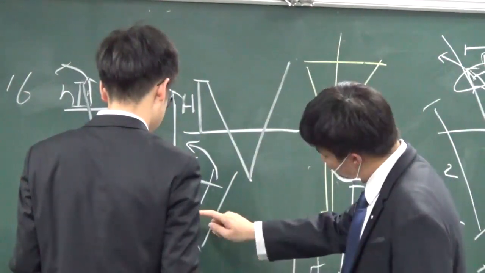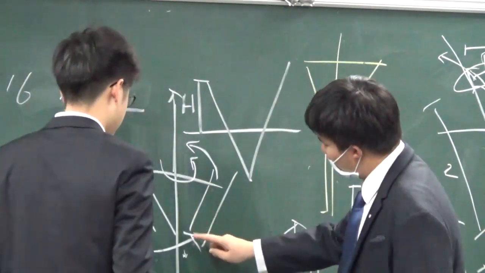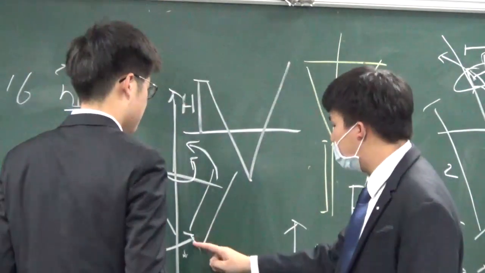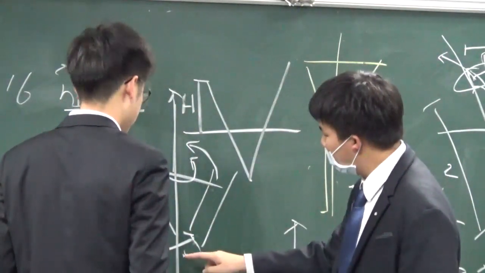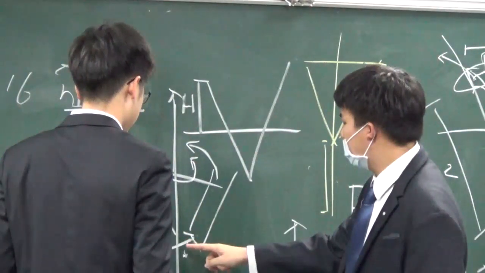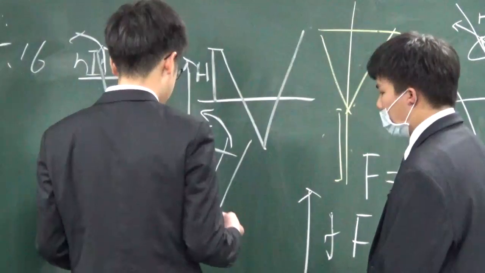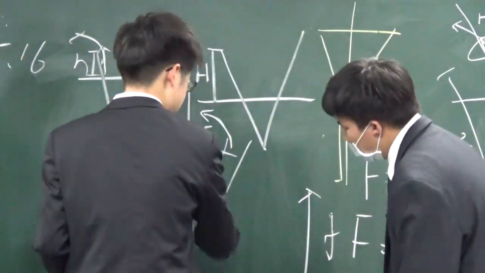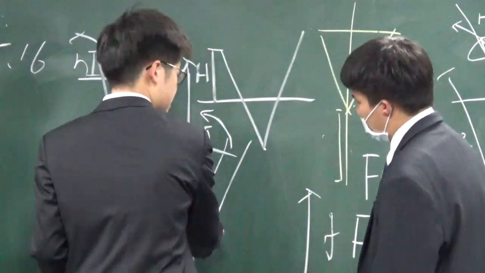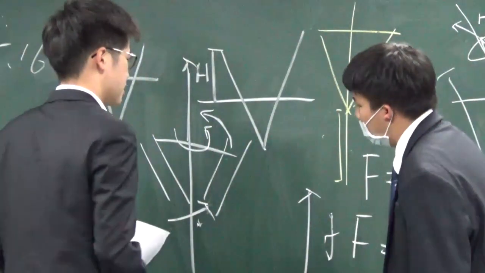The water is moving faster. This water is moving faster than this one. And can I ask how it relates the velocity and the pressure?